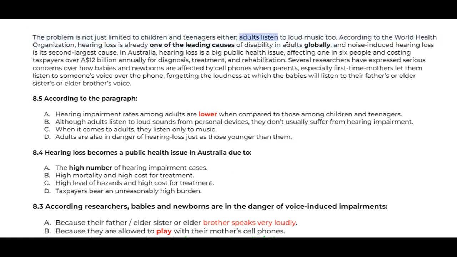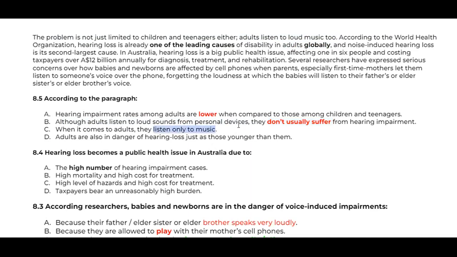If you read this part alone, it doesn't say that adults are having impairment. But in the coming areas, you can very clearly say adults globally is here. So the statement is completely absurd. This cannot be the right answer in any way.